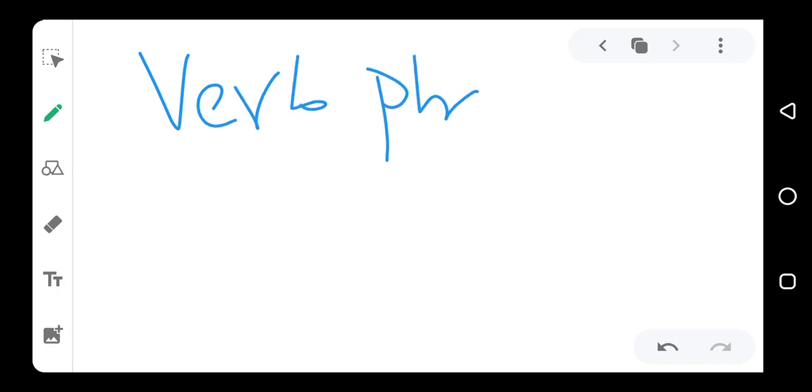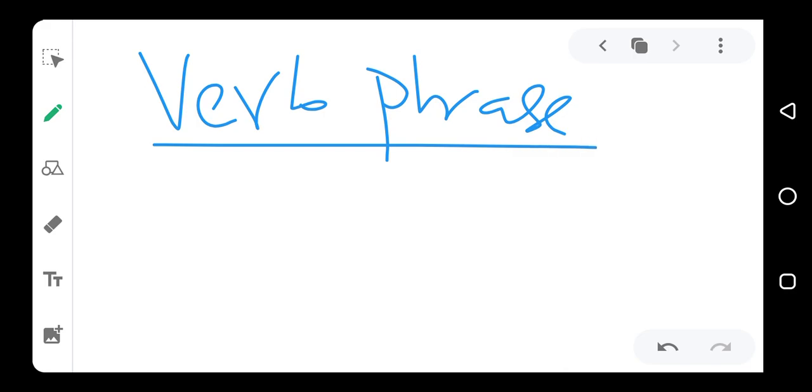Then verb phrase. A verb phrase is usually a verb and its modifiers, which always includes its auxiliaries, that is auxiliary verbs.